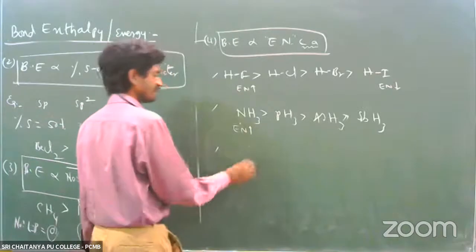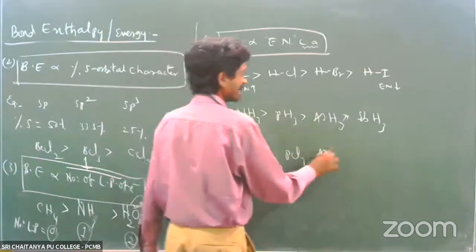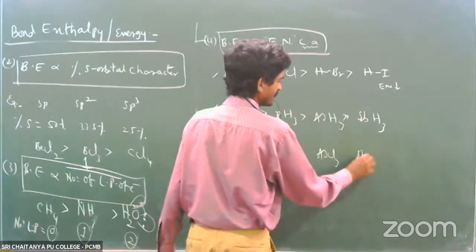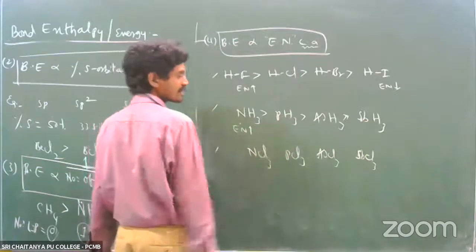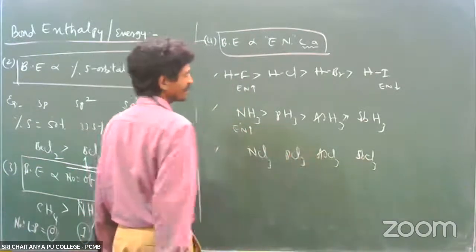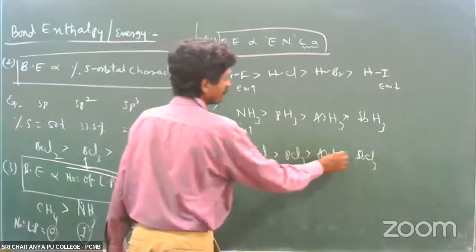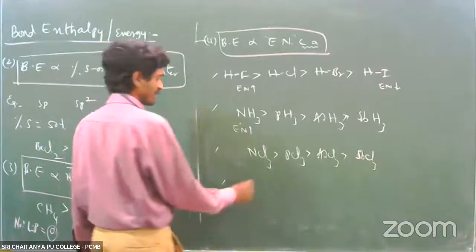Next, one more: take NCl3, PCl3, AsCl3, SbCl3. From nitrogen to antimony, electronegativity decreases, so bond energy also decreases.